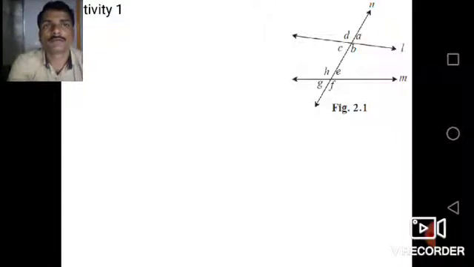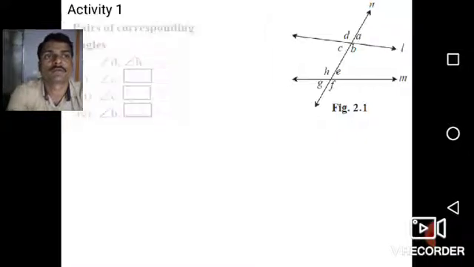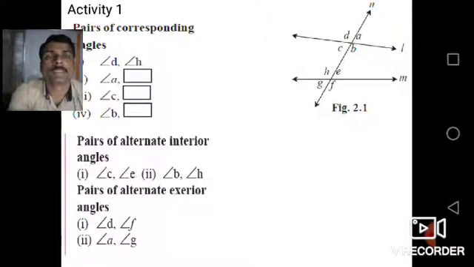Activity 1. Pairs of corresponding angles: angle D and angle H, angle A and angle E, angle C and angle G, angle B and angle F. These are the pairs of corresponding angles.